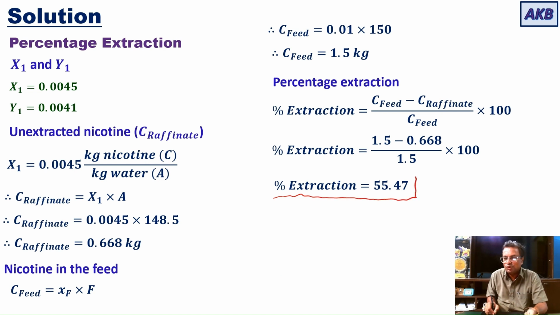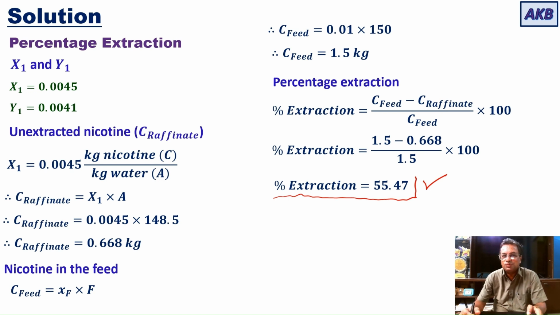Now we are reporting percentage extraction of nicotine in a single stage operation. So in this way, you have to solve the numericals that involve extraction with insoluble liquids. So with this, I end my discussion for this numerical.